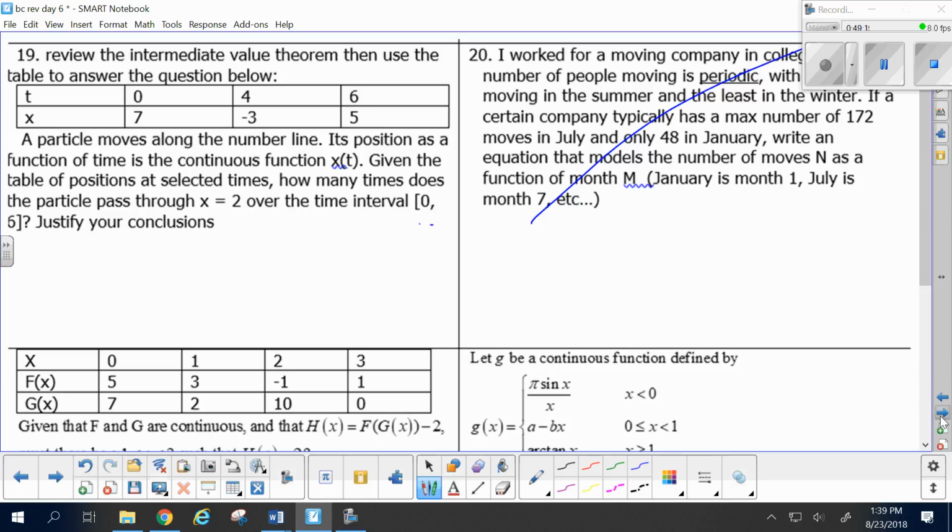Now this goes to reading too much into the table. In going from 7 to -3, if it's continuous, must it pass through 2? Yes. Must it pass through once? I mean, it could be going crazy through 2. It could be going through 1,000,000 times. We don't know. And so it's at least twice. At least twice. With a lot of writing, right?